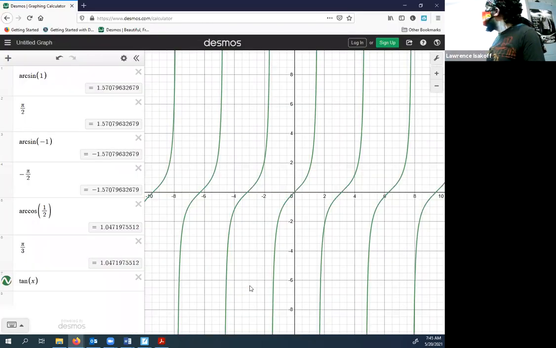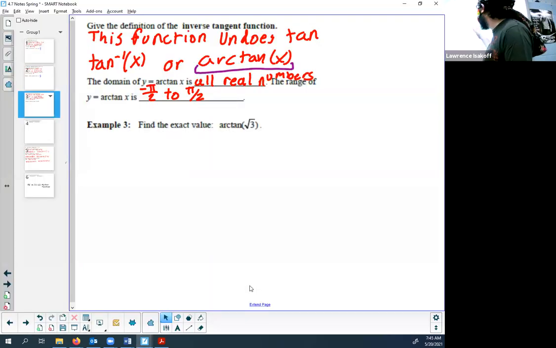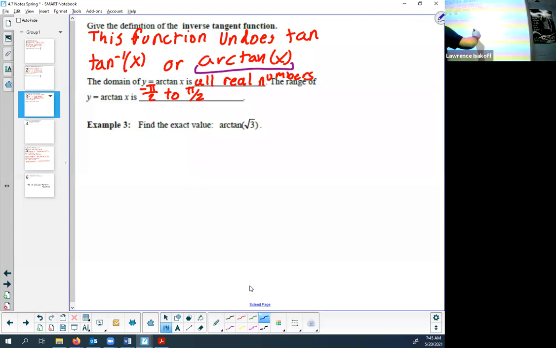If we want the inverse tangent of √3, I know that's like saying √3 over 1, but it actually could be √3 over 2 over 1 over 2.